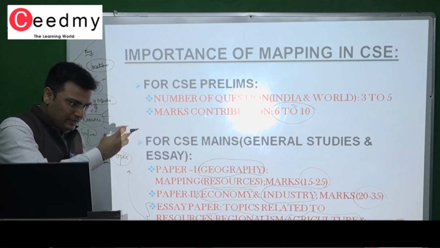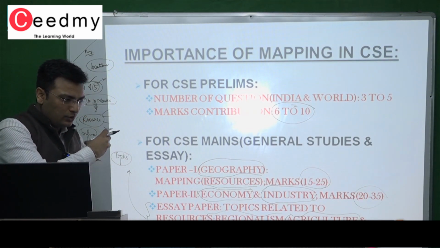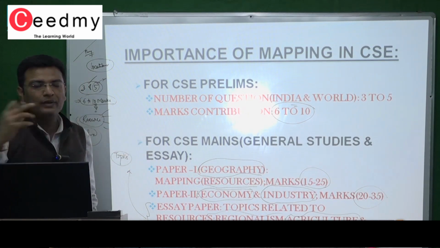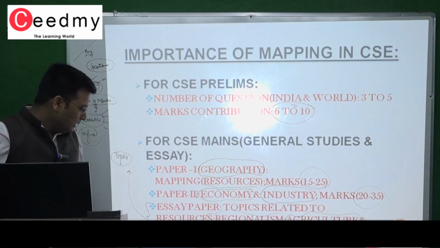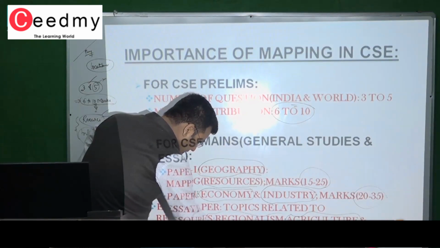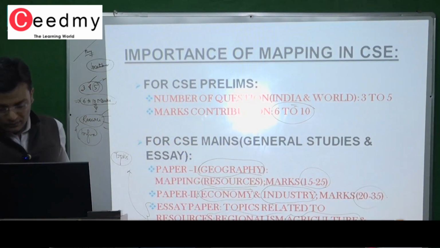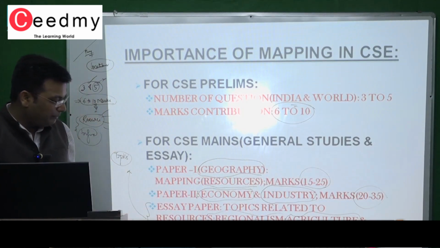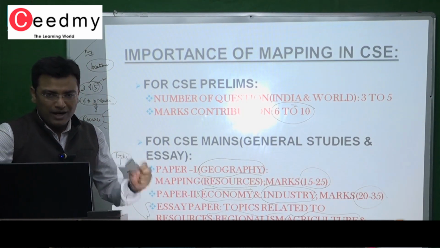By giving these facts, you show the examiner that you know much in this area. That's why you have chosen the topic related to industry, and a minimum of 125 marks of essay is directly asked from these topics. So mapping will make your essay paper more marks fetching.